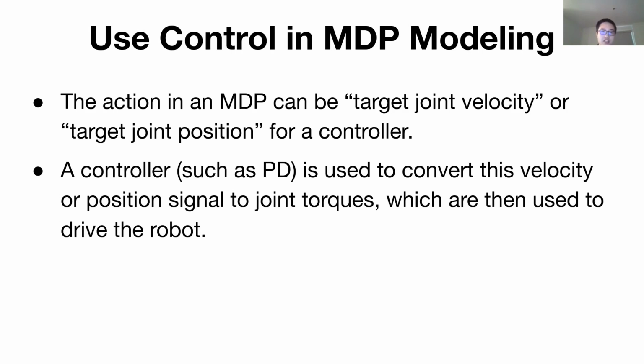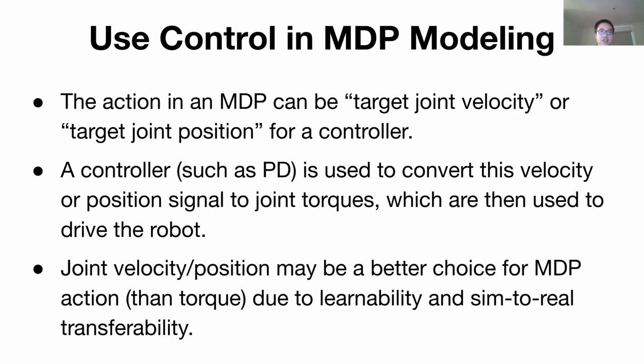A controller such as PD is used to convert this velocity or position signal to joint torques, which are then used to drive the robot. They make this design choice because velocity or position may be a better choice for MDP action due to learnability and sim-to-real transferability.